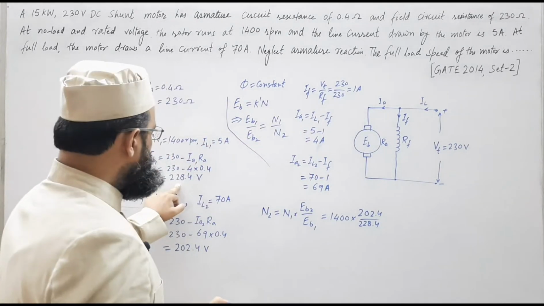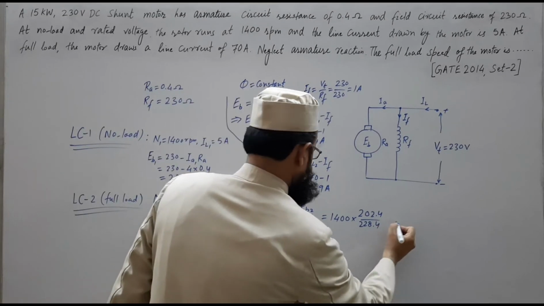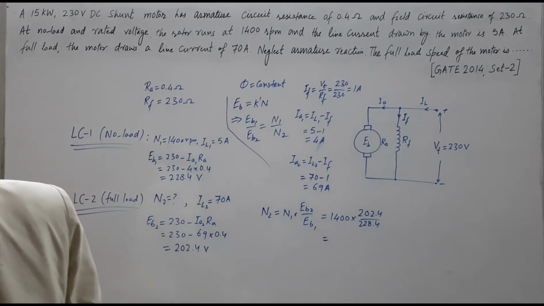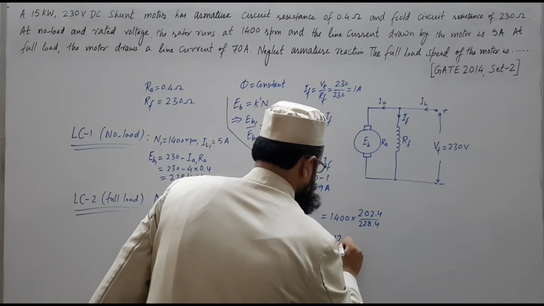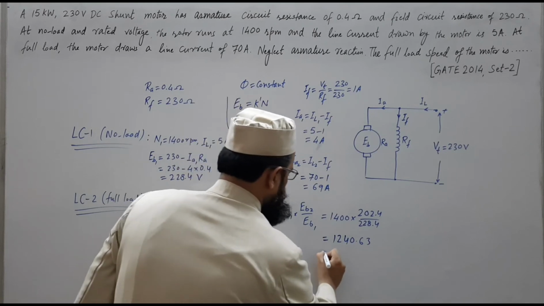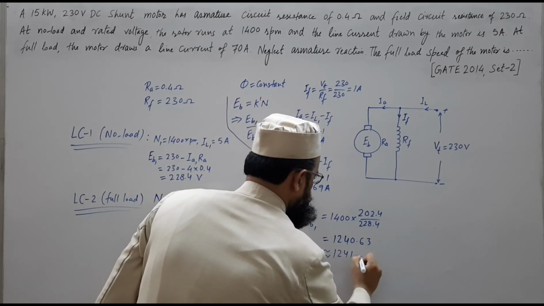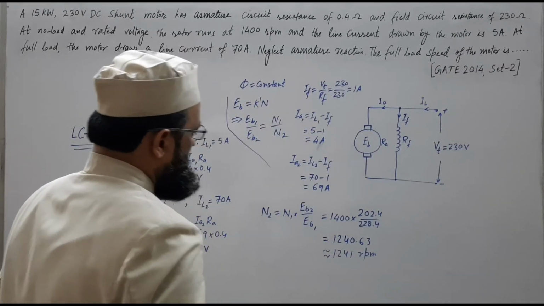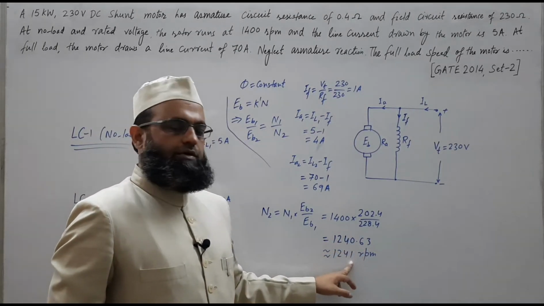This comes out to be 1240.633 rpm, which is nearly equal to 1241 rpm, rounding off to the nearest integer.